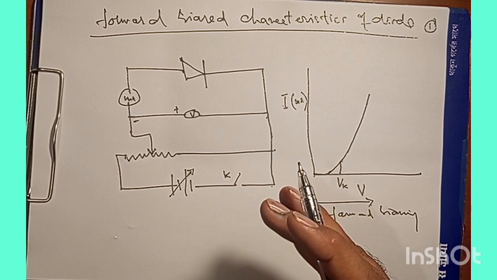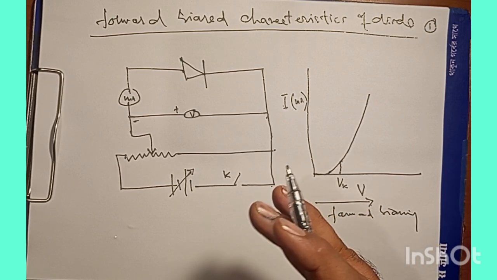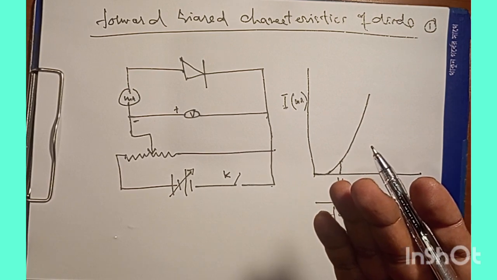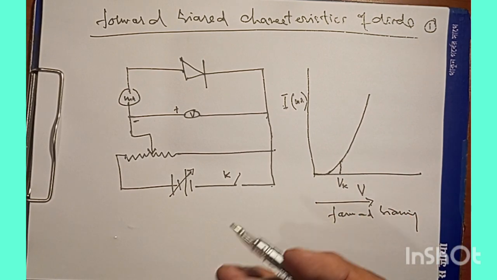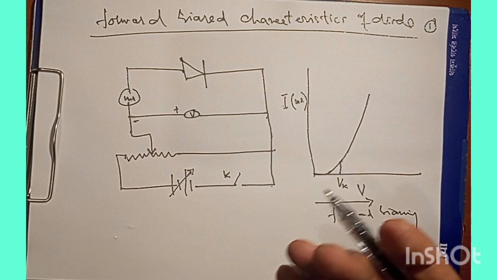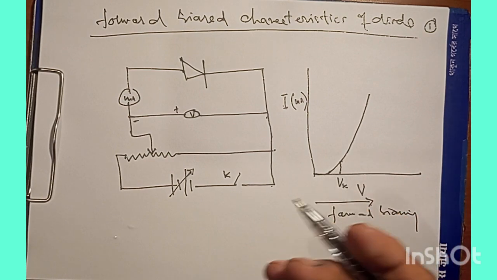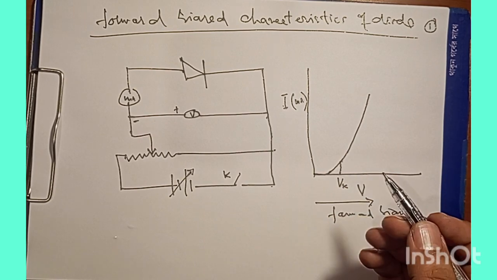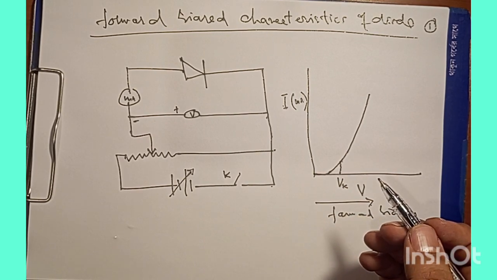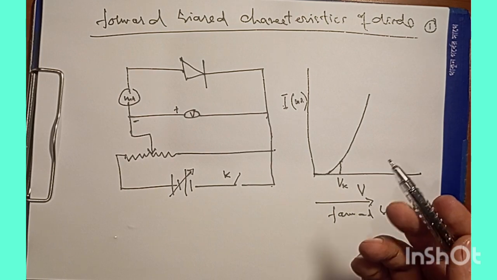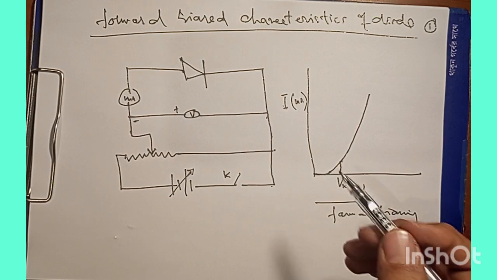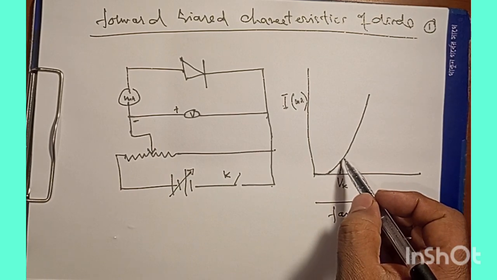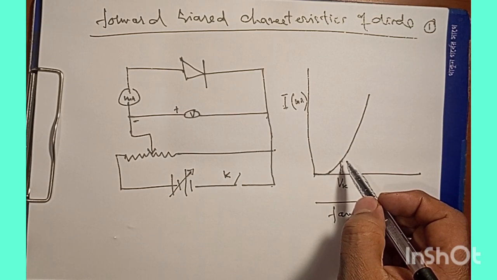For germanium we have a different knee voltage, and for silicon we have a different knee voltage. These values have already been talked about. It's nearly 0.2 volts for germanium, and nearly 0.7 volts for silicon, when forward voltage is above the knee voltage. So that's the condition here.